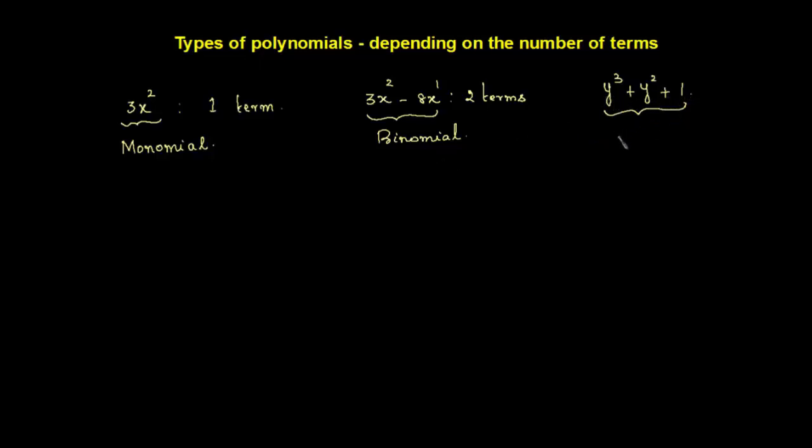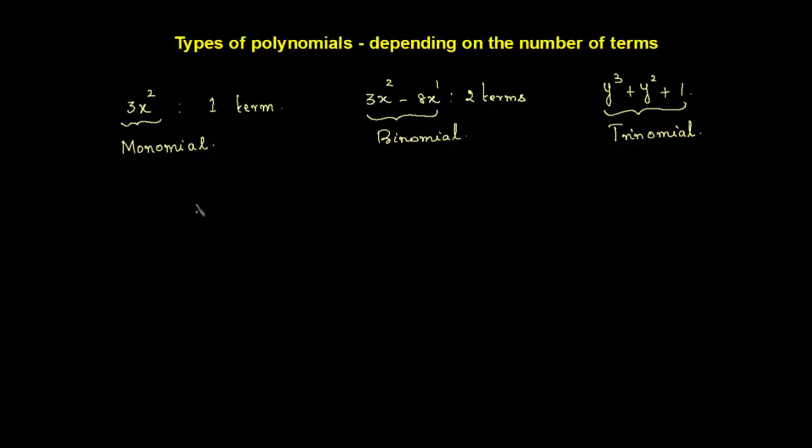Therefore, this polynomial is called a trinomial. So, if the number of terms of a polynomial is 1, then you say that it is a monomial. If there are two terms, then it is called a binomial. And if there are three terms, it is called a trinomial.